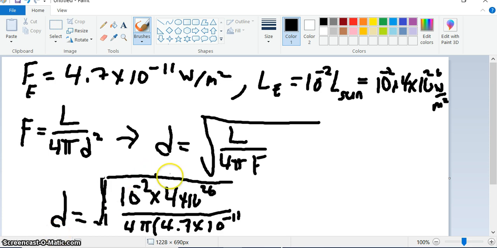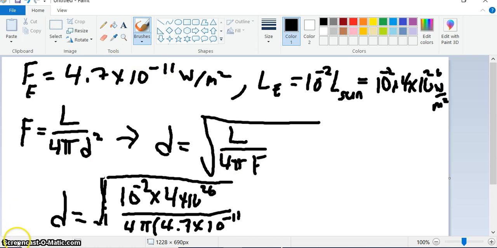The luminosity is 10 to the -2 times 4 times 10 to the 26, and all that is divided by 4 pi times the flux, which is 4.7 times 10 to the -11th. Both are in watts per square meter, so the watts per square meter cancels, and that gives us an answer in meters.